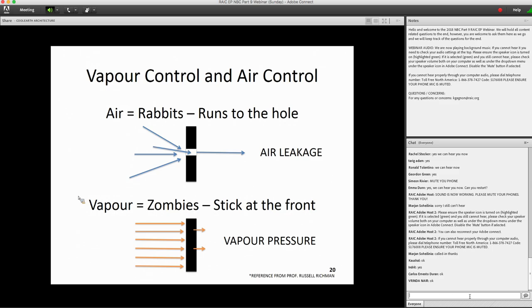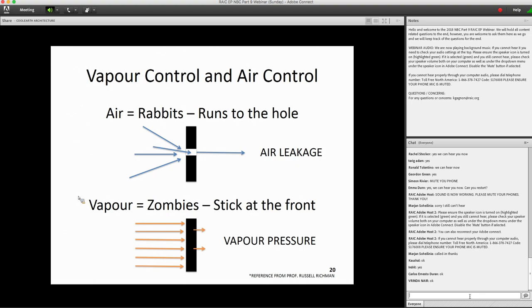Vapor, on the other hand, is different. Vapor moves through materials as well. Air might not. You might have an airtight house, or an area in the house that doesn't have a leak, but the vapor has the capacity to flow through materials depending on the characteristics of the materials.